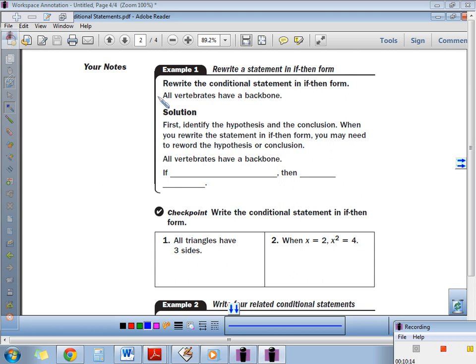I've already heard some good answers. I would say, if an organism is a vertebrate, then it has a backbone.